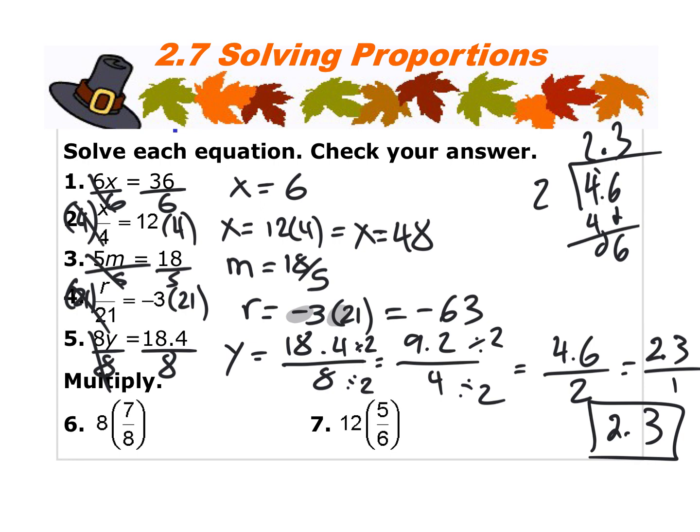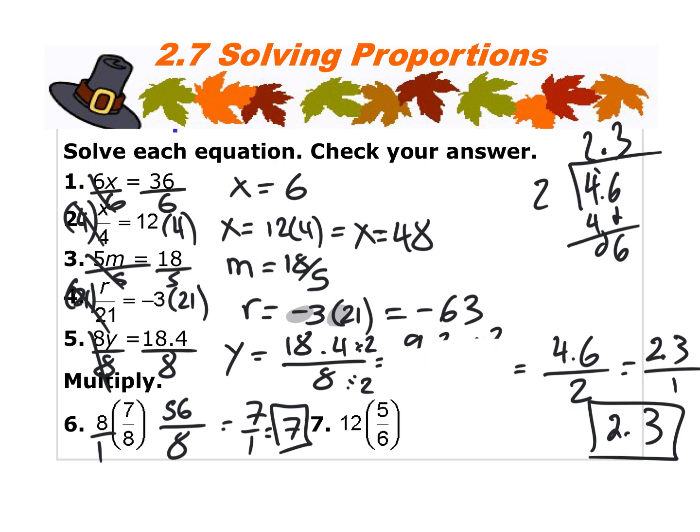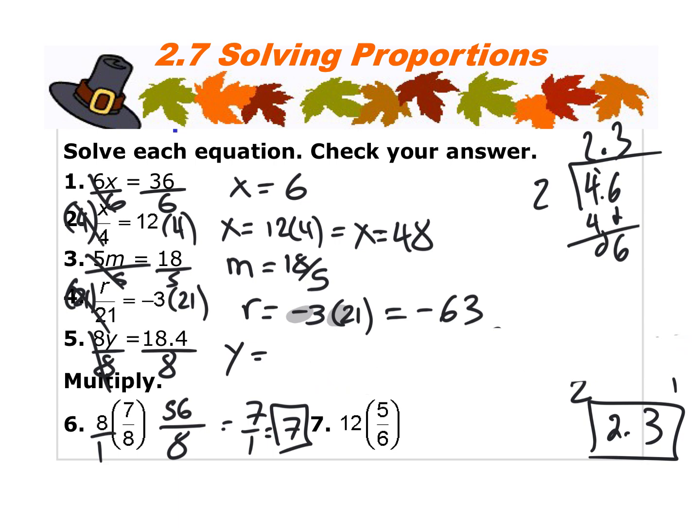Now, for number 6, I'm going to put this as an over 1 in order to be able to multiply it. So I'm going to get 8 times 7. 56 over 8, and again that simplifies to 7 over 1, which is just 7. And then I'm going to erase all of this extra work, just for the final answer, so I have a little bit more space.